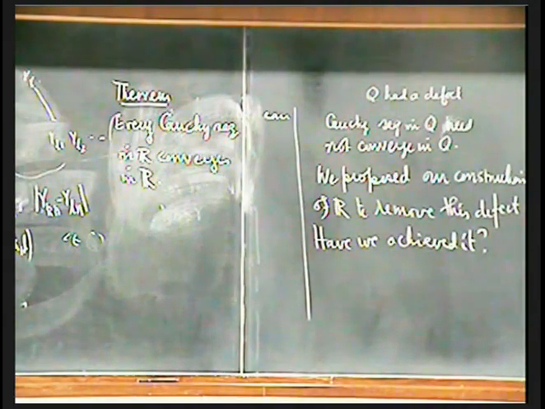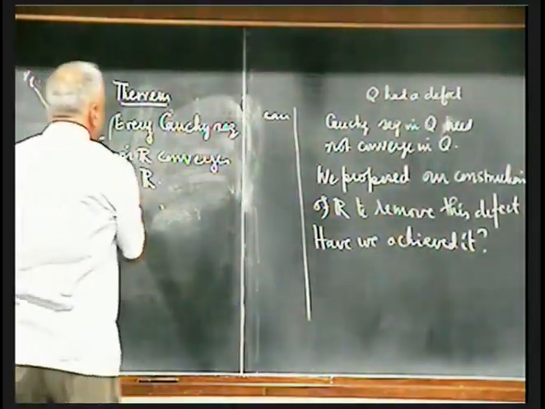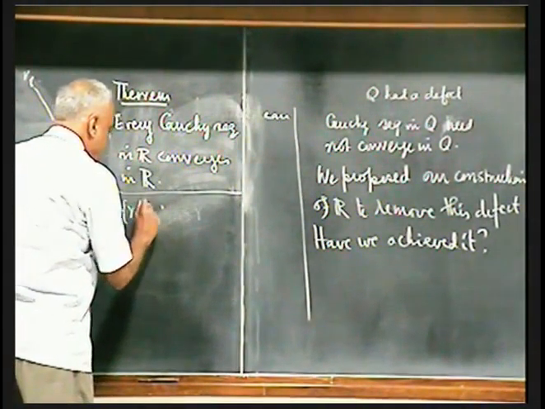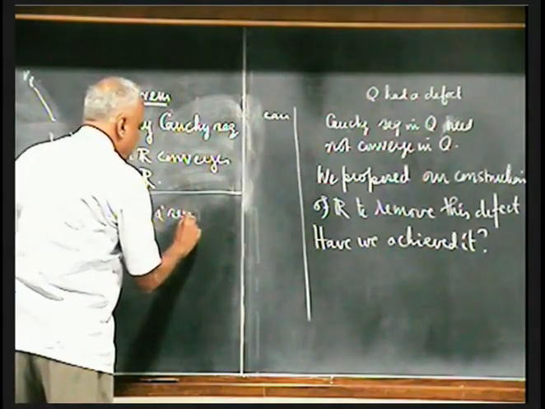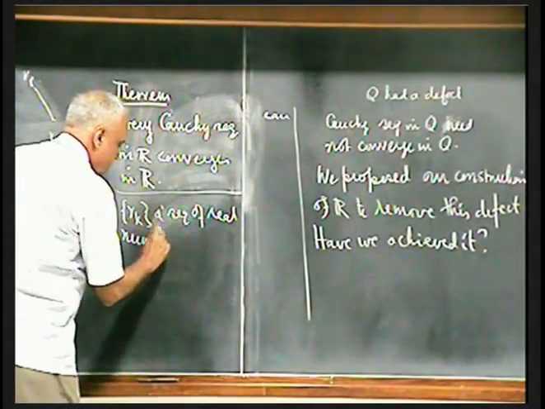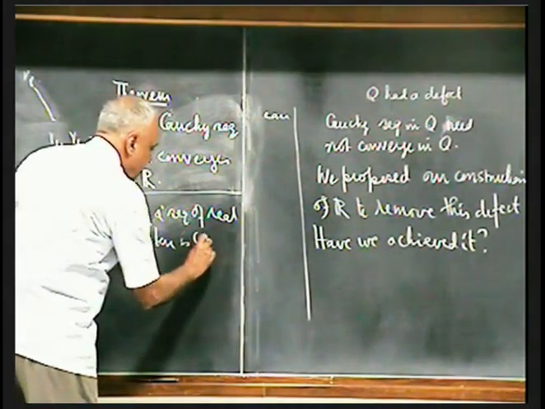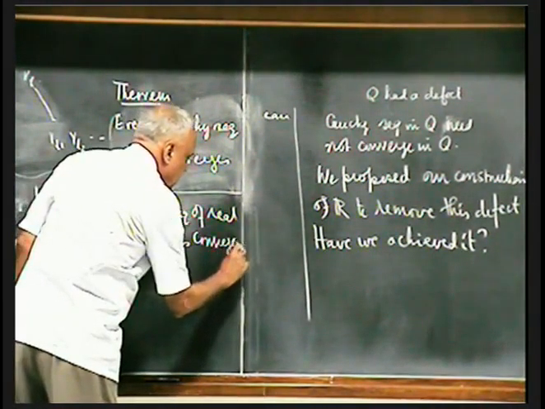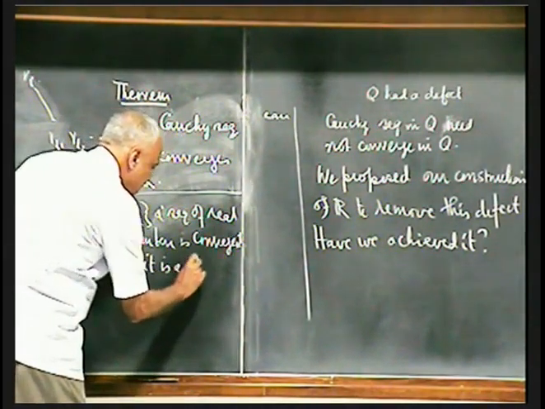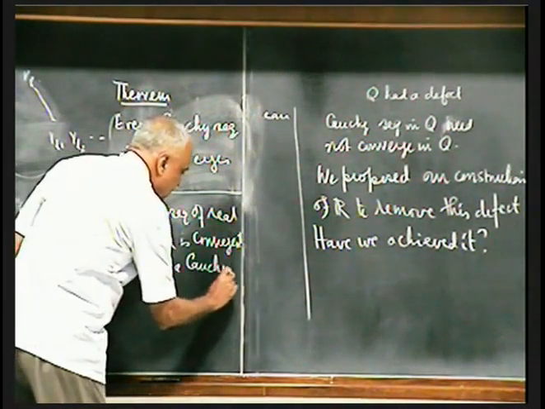And of course, therefore, we can state a result here. Therefore, Rk, a sequence of real numbers, is convergent if and only if it is a Cauchy sequence.